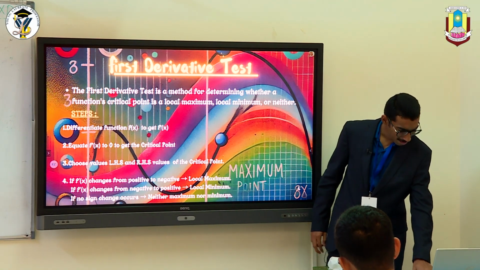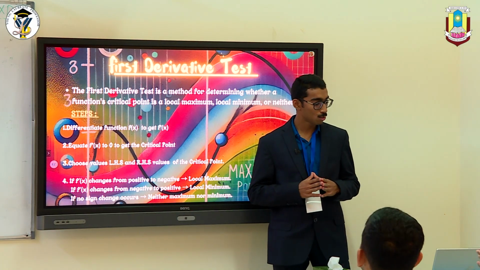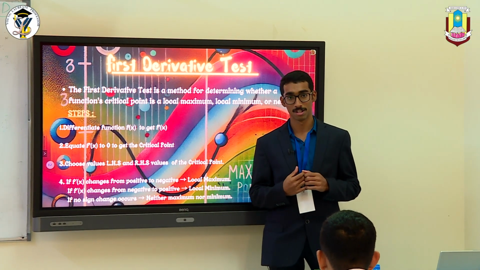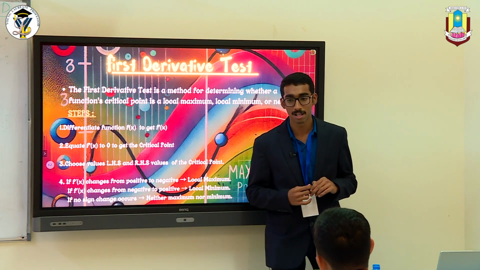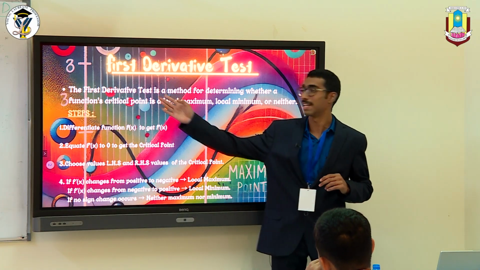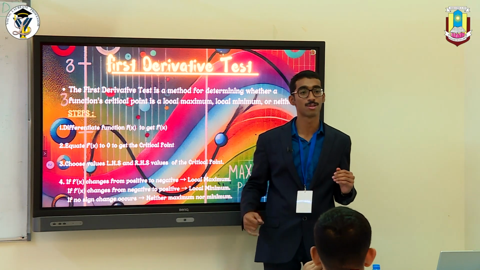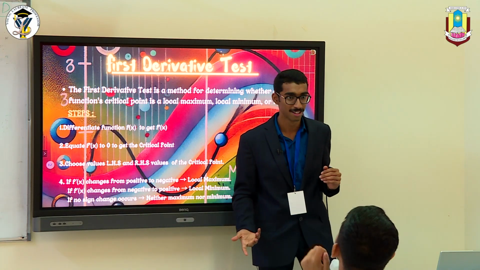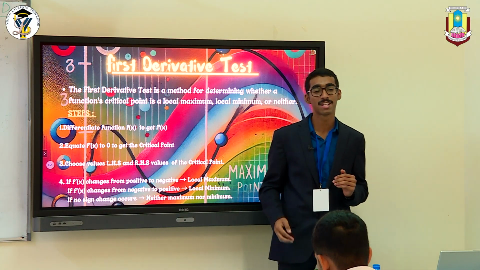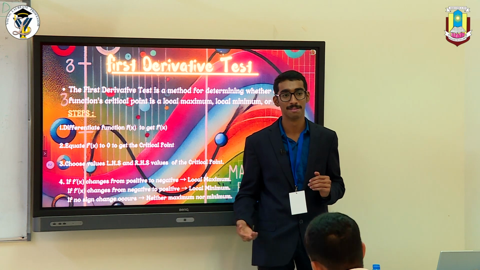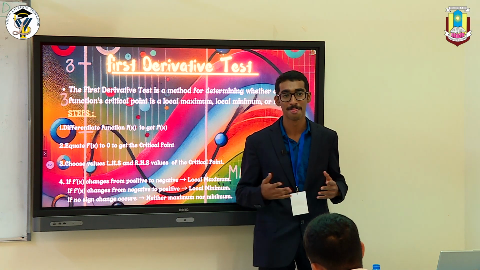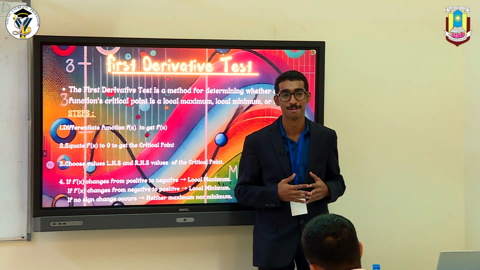We use differentiation to find the critical points because, as the name suggests, you differentiate the equation to get the derivative. After you get the derivative, you find the critical points. Did I answer your question? I'm not sure.